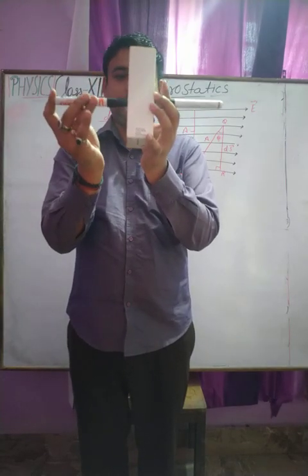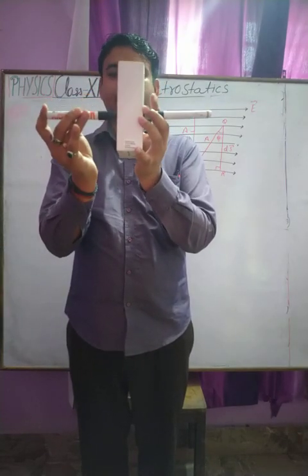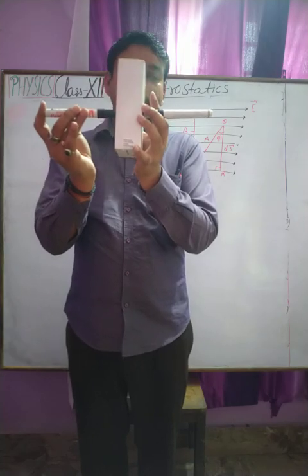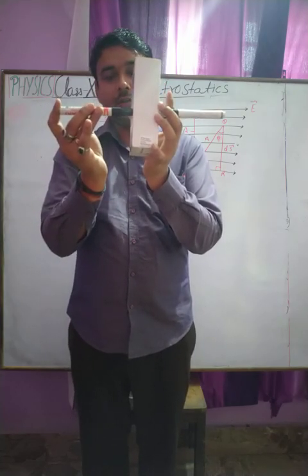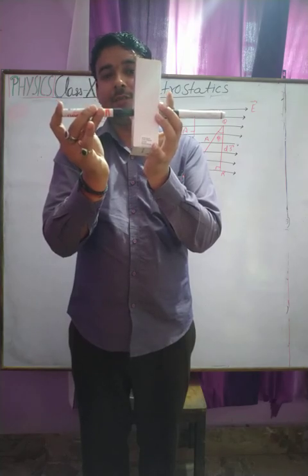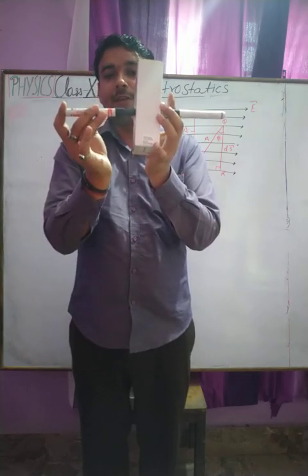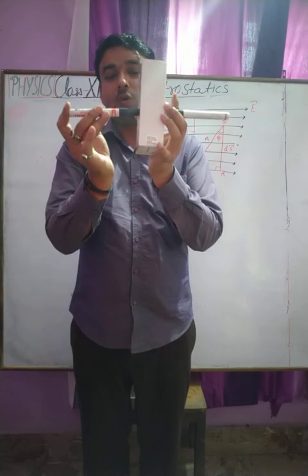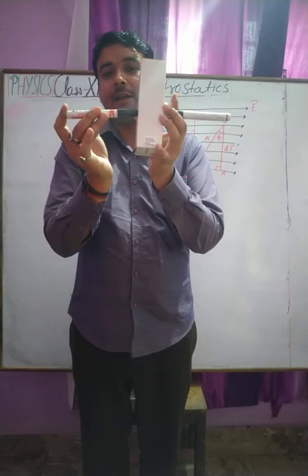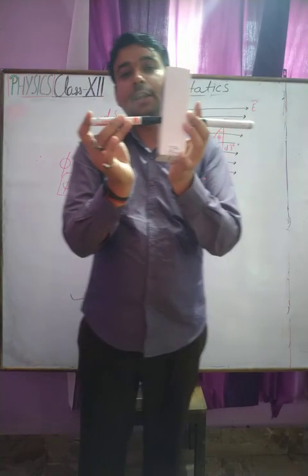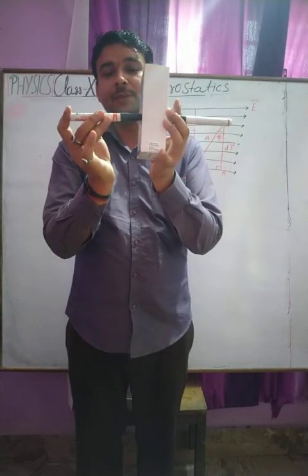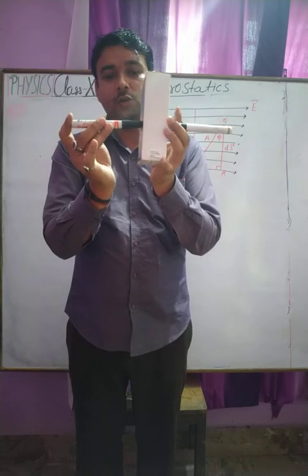You can observe by this figure. The area vector is 90 degrees to the surface and the electric field is also normal to the surface. Therefore the angle between the area vector and electric field is 0 degree, and they are in the same line, which means 180 or 0 degree.